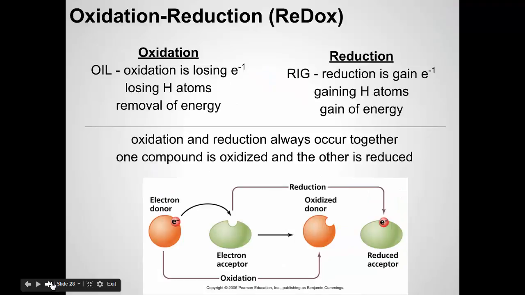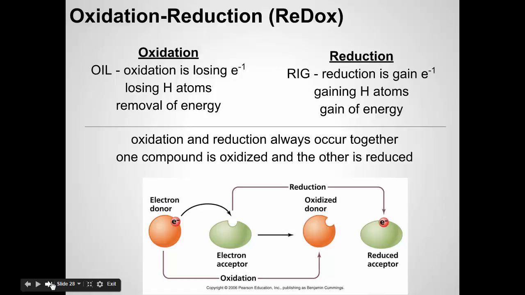So I've been using these terms, oxidizing. And you'll learn a lot about these next year in chemistry. We call these redox reactions. It stands for oxidation and reduction. And you could think of it this way. The way often people remember is to remember the word OIL RIG. You remember that?